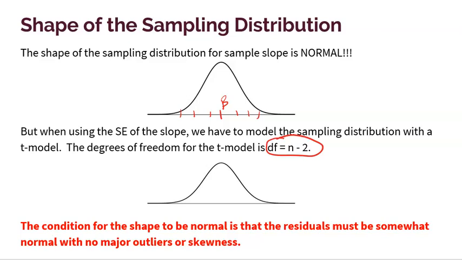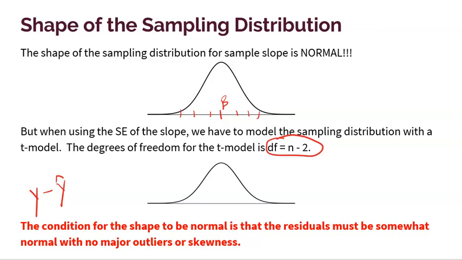And the condition that allows for this shape to be normal is that the residuals must be somewhat normal with no major outliers or skewness. So you actually have to take a look at your residuals, which we've talked about way back in Unit 2. Remember, the residual is each actual y value minus its predicted y value from the regression equation. And you're going to make sure that those residuals have no major outliers, no major skewness. That way we can be normal.